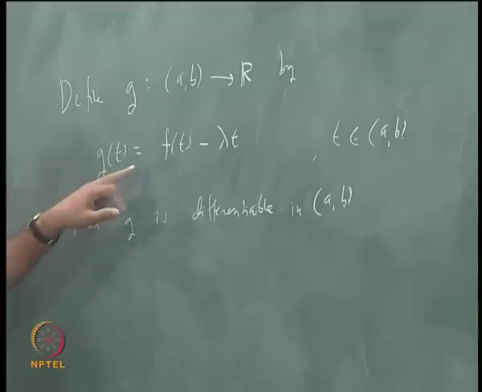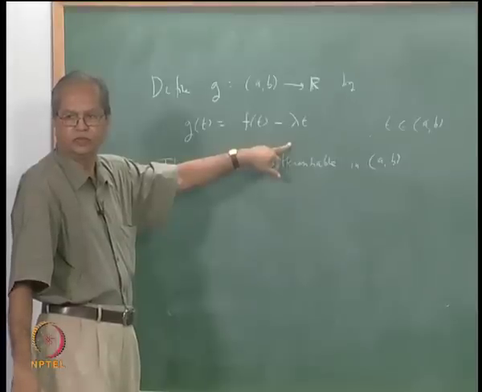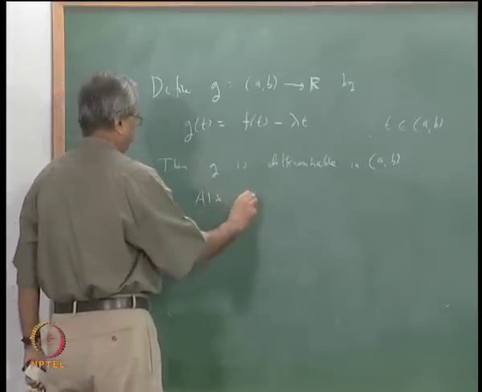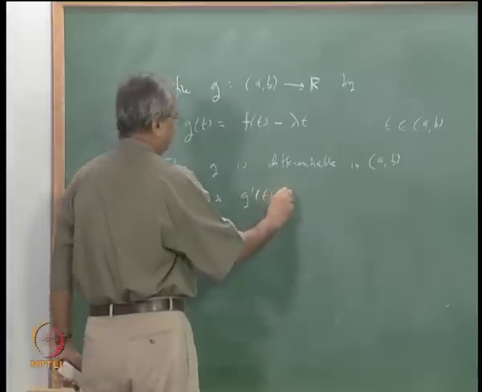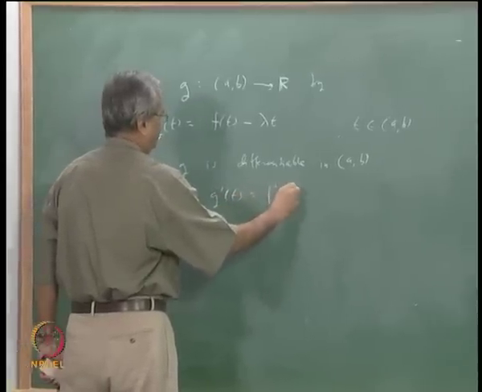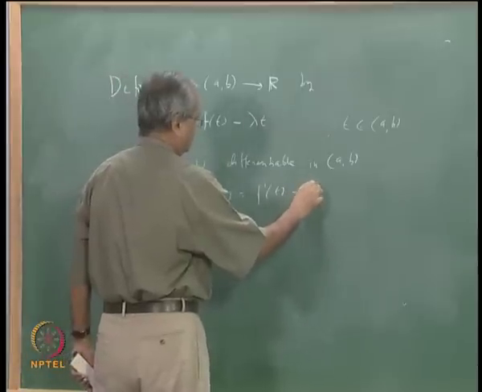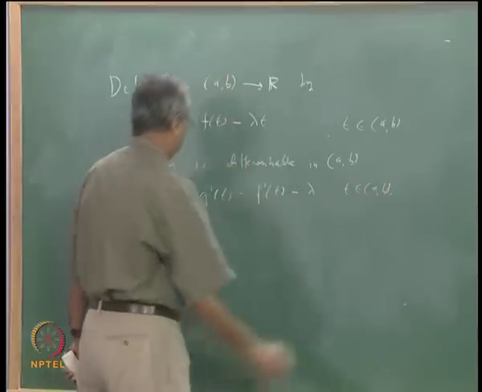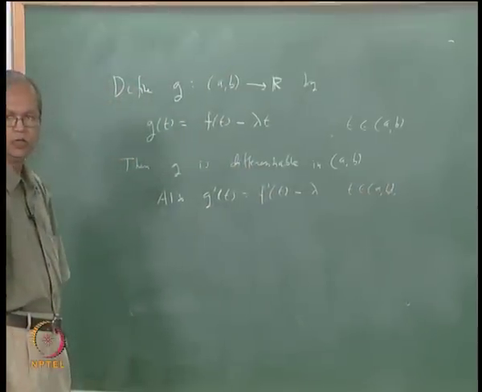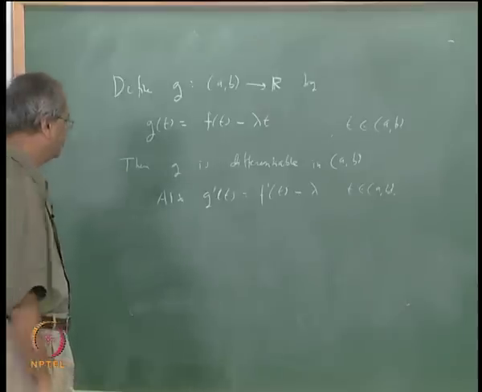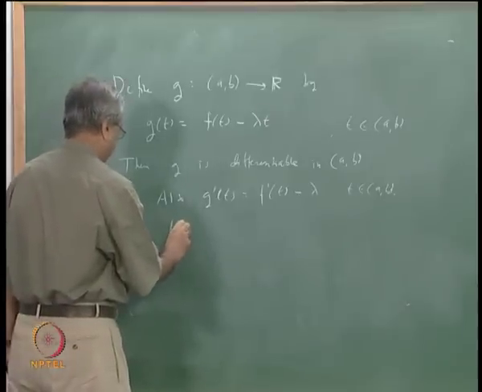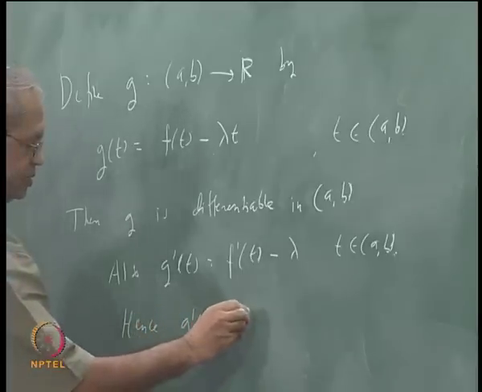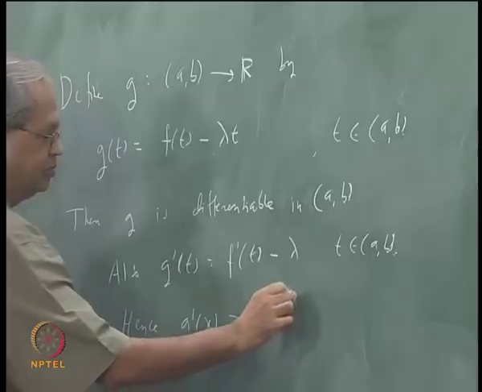G prime at t is nothing but f prime at t minus lambda, right? Okay. We can also record it. G prime at t is equal to f prime at t minus lambda for t in AB. Okay. And so what is G prime at x? G prime at x is f prime at x minus lambda.